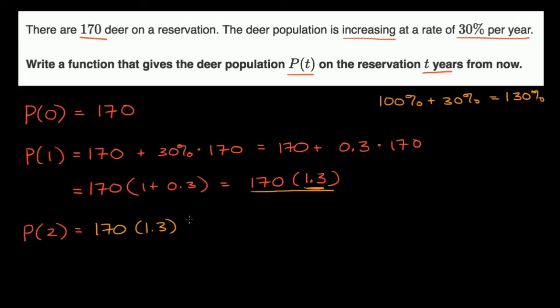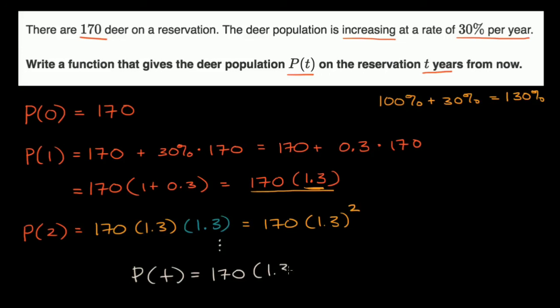And so I think you see where this is going. If we just want to write a general P of T, it's going to be whatever we started with, 170. Ayun po. And we're going to multiply that by 1.3 however many times, however many years have gone by.